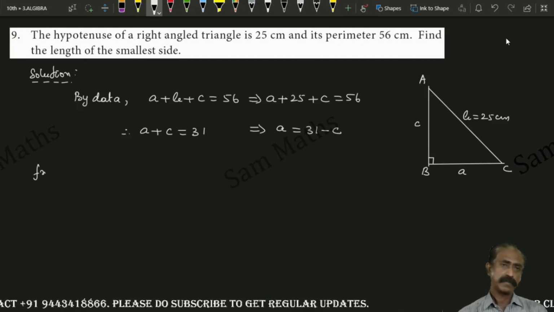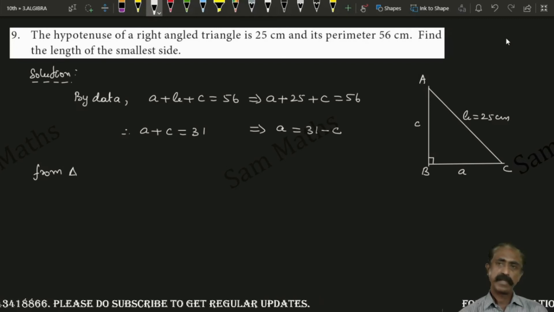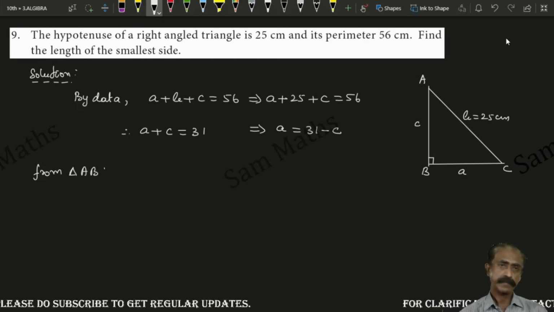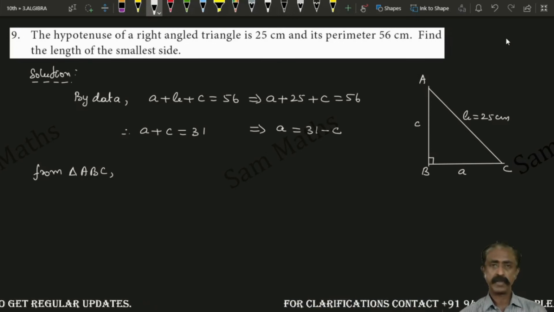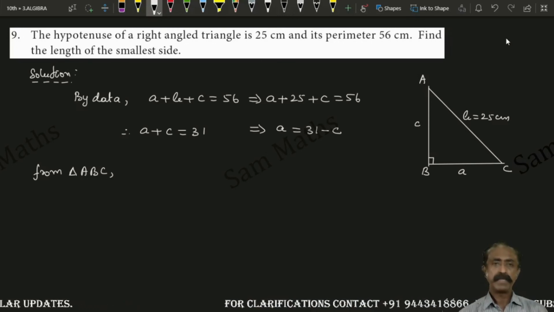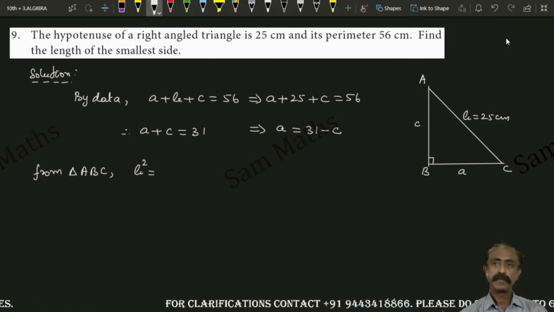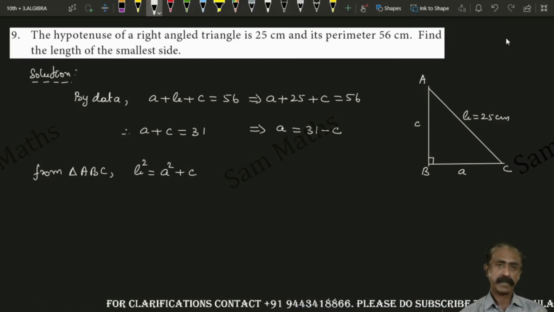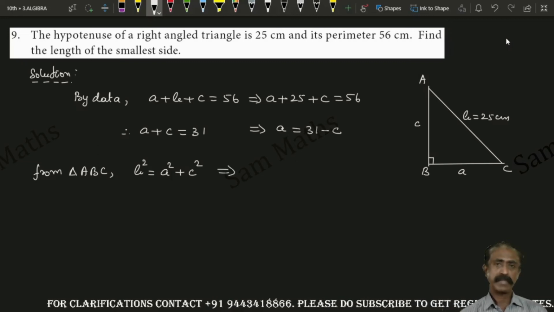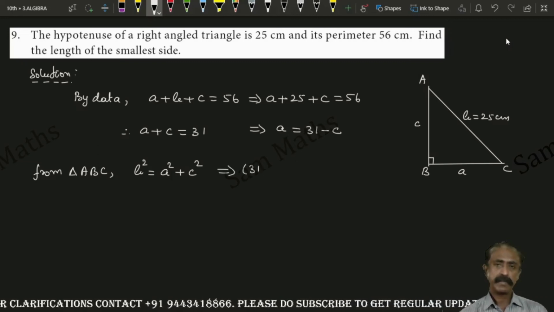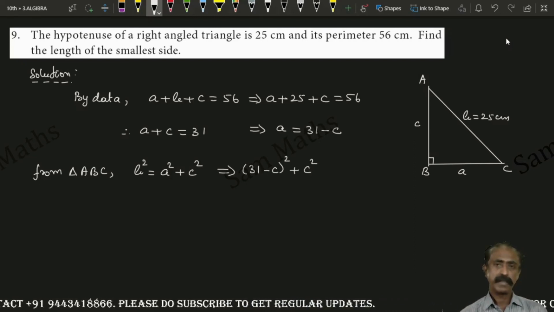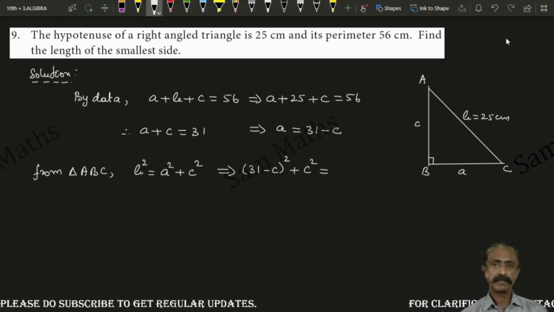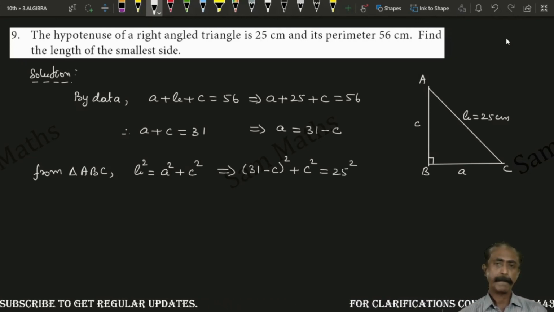From triangle ABC, we can use Pythagoras theorem for a right angle triangle. You know that b square is equal to a square plus c square, which implies (31 minus c) the whole square plus c square equal to b square. b value is 25 square.